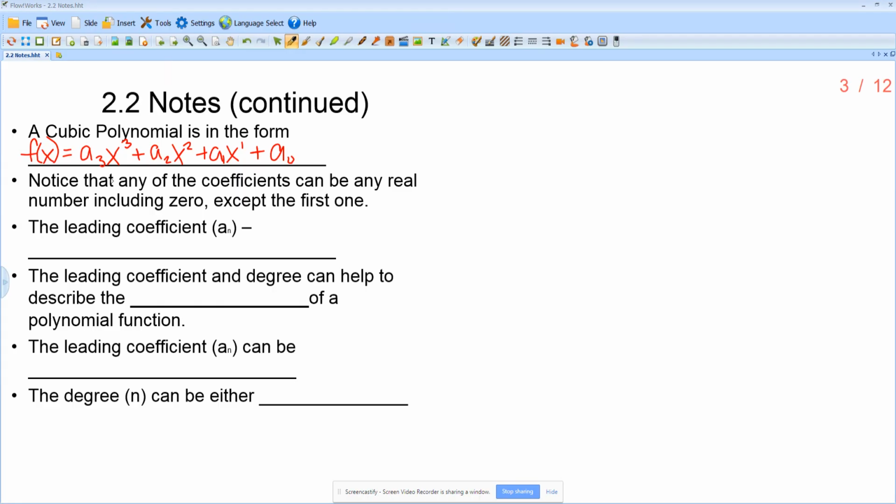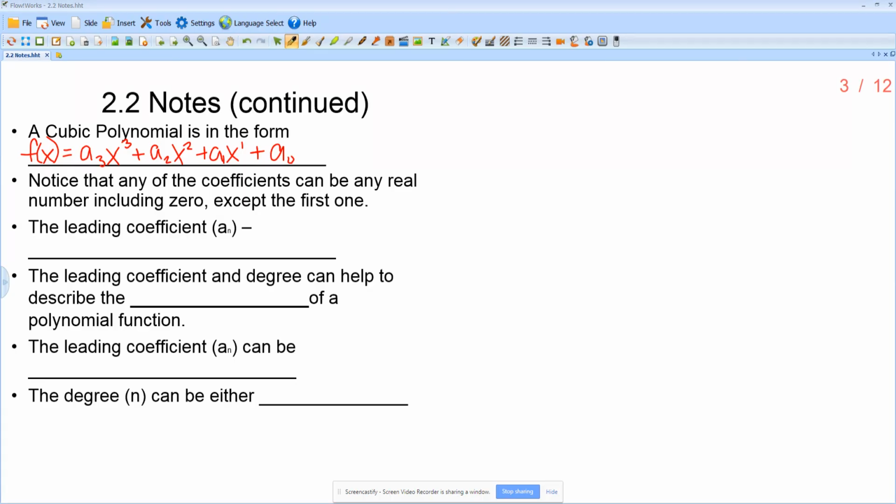Notice that any of these coefficients can be any real number, including 0, except the first one. So that first coefficient, a sub 3, that cannot be 0, because if it were, this wouldn't be a cubic polynomial. You would be saying that you don't have this term, so it would become quadratic.